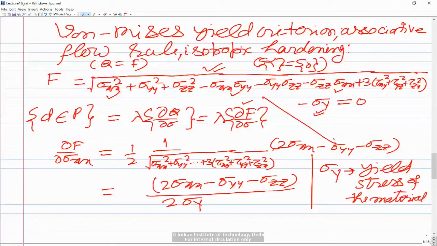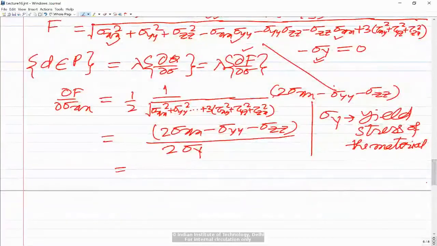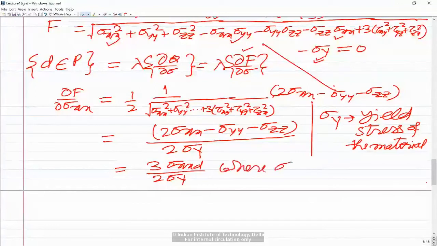And now we want to write this in terms of deviatoric stress components. So you can actually write this by multiplying and dividing by 3. Then you can write it as 3 times sigma xx d, the deviatoric stress, divided by 2 sigma y, where sigma xx d is equal to twice of sigma xx minus sigma yy minus sigma zz, divided by 3.